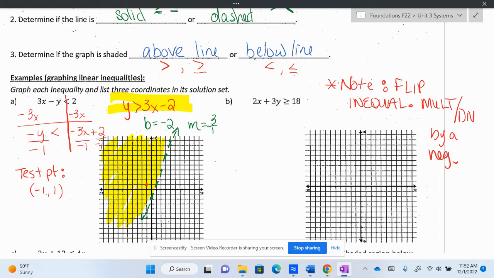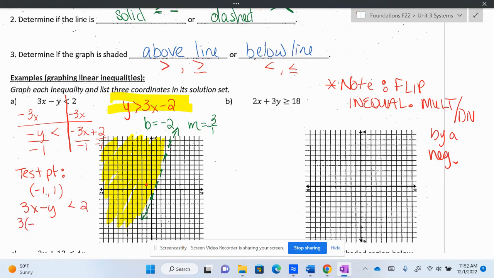What do I do with that test point? Plug it into the original. Put it into the original, in case you made a mistake, right? You want to put it into the equation or the inequality that you didn't do any manipulating to. So I have 3x minus y is less than 2. I'm going to plug in -1 for x.